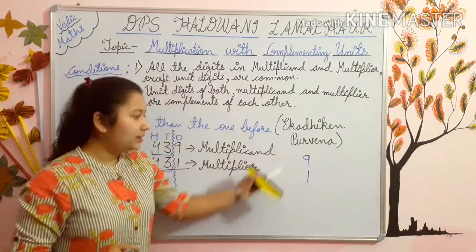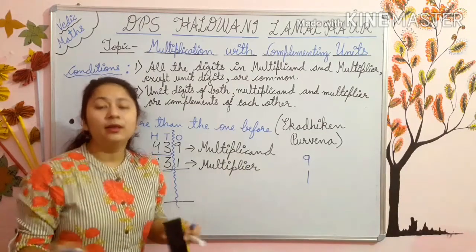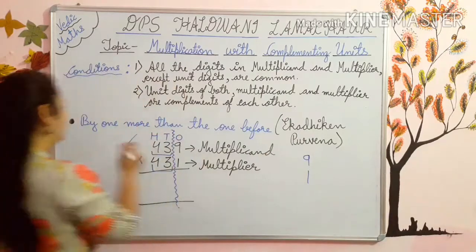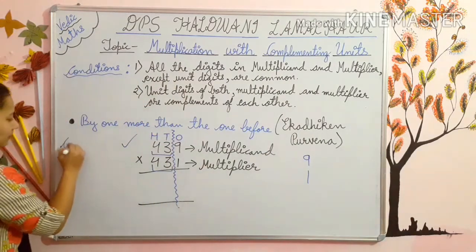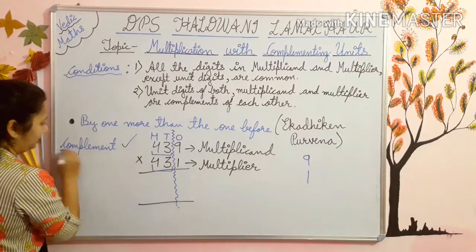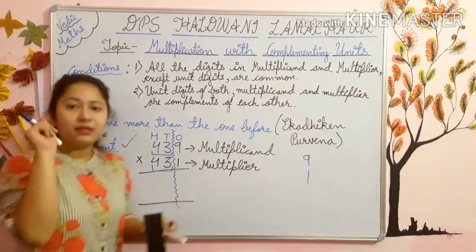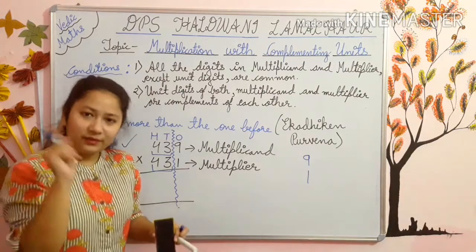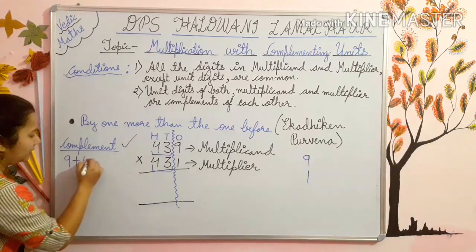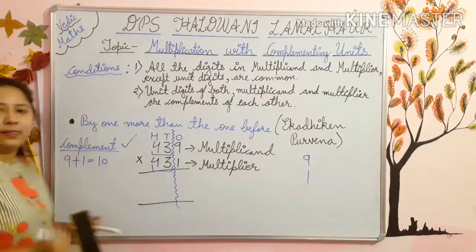These two digits should be complements of each other. Now what is a complement? Complement means that the digits should give a sum of 10. If you add the unit digits, it should give a sum of 10.